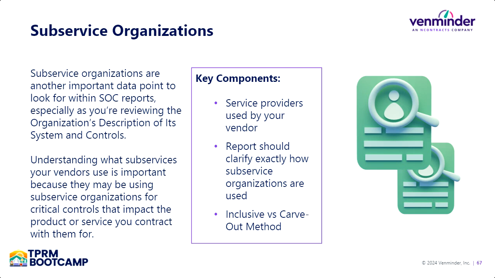They're usually carved out of the SOC report, which just means that their controls are not audited. Sometimes you'll see them in the report as an inclusive review, which means that they were audited alongside the primary vendor. But more often than not, they're using that carve-out method.